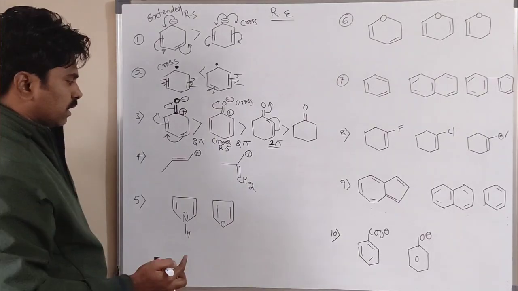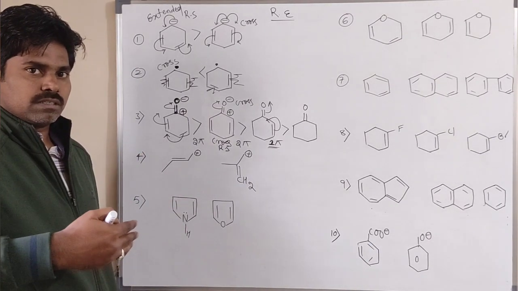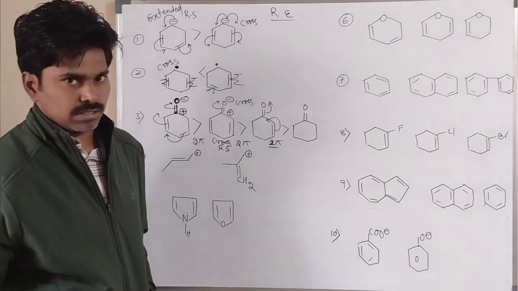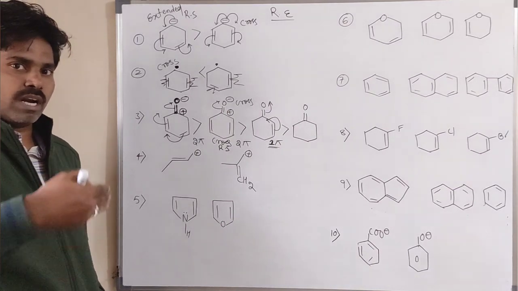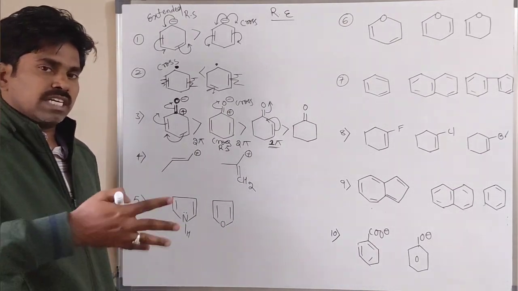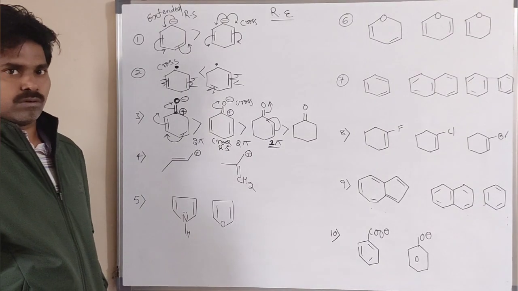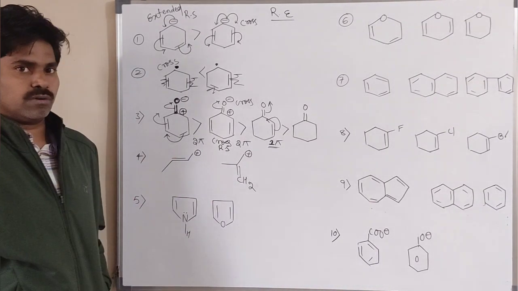Understood? By the overlapping of electrons, energy is released. That energy is called the resonance energy. There is no heat; we have to say resonance energy.